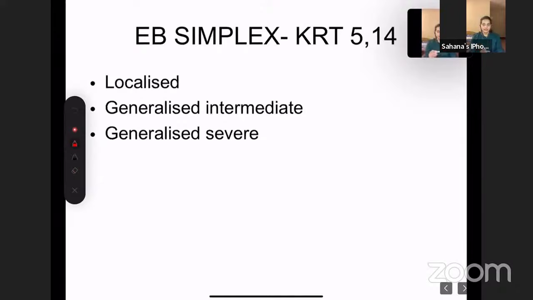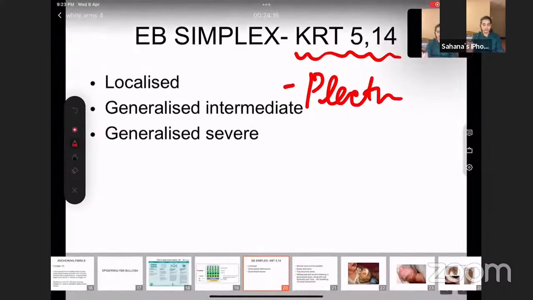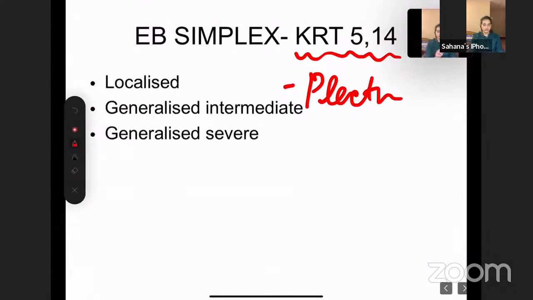So EB simplex, like I told you, affects the more superficial layers of the epidermis, so it is not very severe. The gene defects here are keratin 5 and keratin 14. If you remember, I also told you about another gene, plectin. Mutations in plectin also cause epidermolysis bullosa simplex.